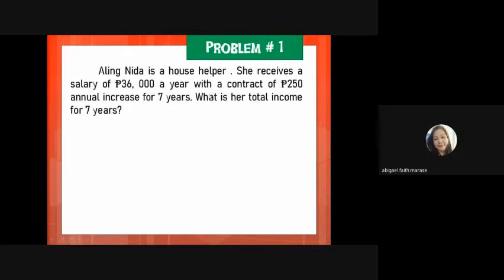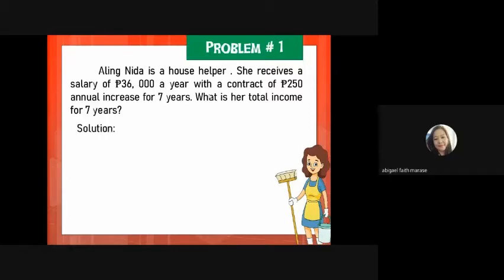Problem number 1. Alinida is a house helper. She receives a salary of 36,000 a year with a contract of 250 pesos annual increase for 7 years. What is her total income? So for our solution, let's list first our given. So we have 36,000 pesos. 36,000 pesos will serve as our first term.